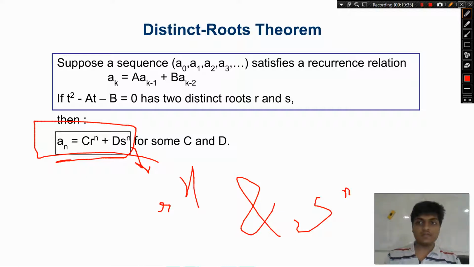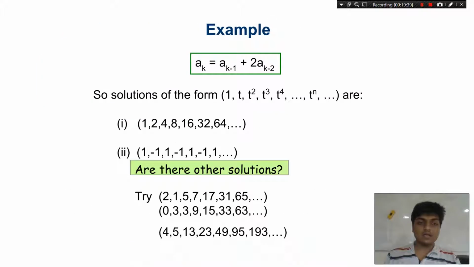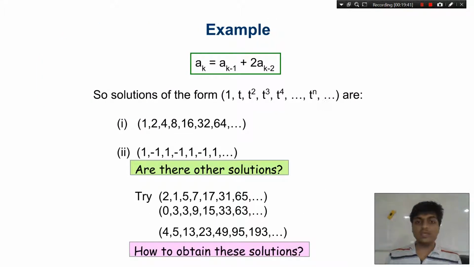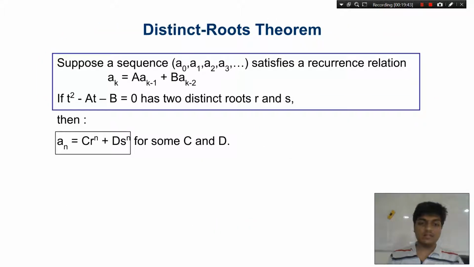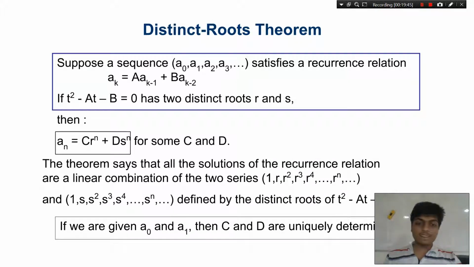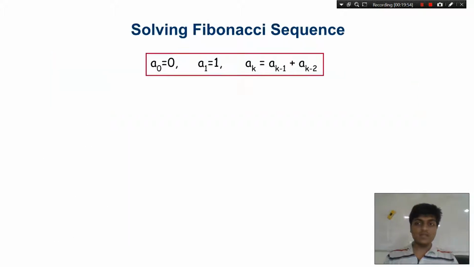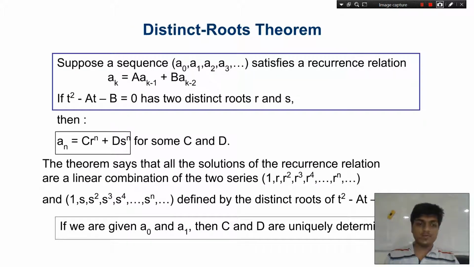So for example, for the previous equation, r to the n would be 2 to the n and s to the n would be minus 1 to the n. If you're given a0 and a1, then you have two unknowns and two equations to find C and D.